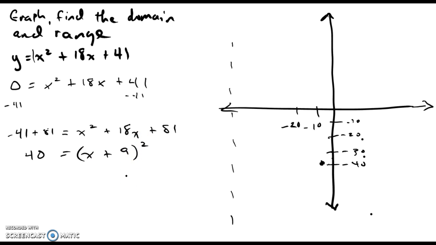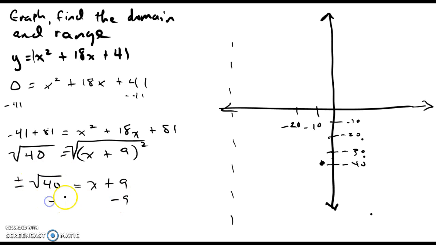We're not done yet, though. We have to get rid of that square. So we're going to take the square root of both sides, and we wind up with x plus 9 is equal to plus or minus square root of 40. We can actually simplify this radical, but I'm not going to go into that right now. We've got to get the 9 over to both sides.